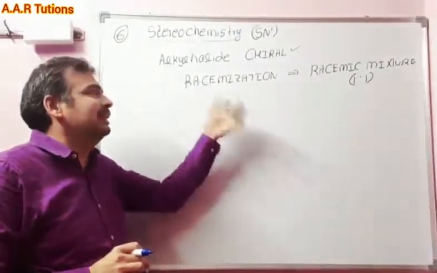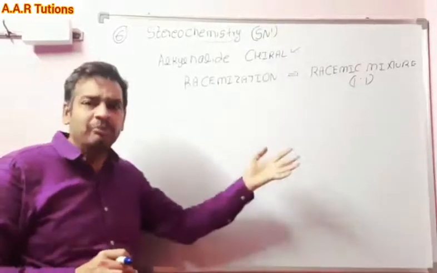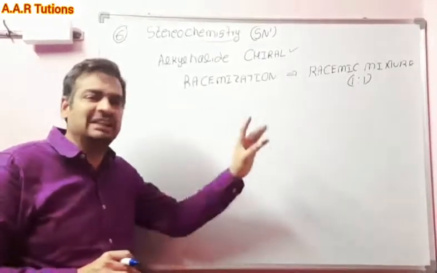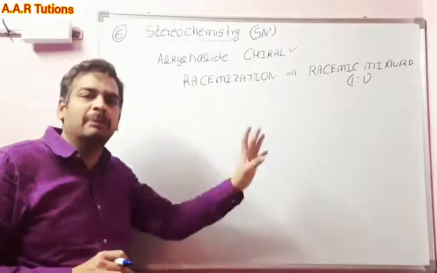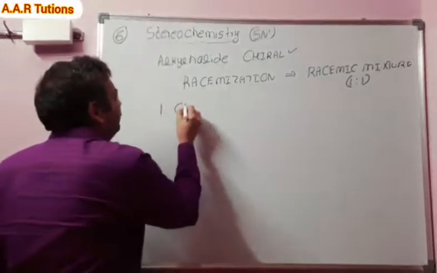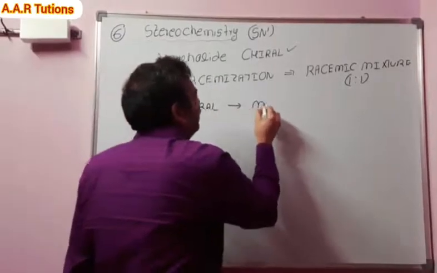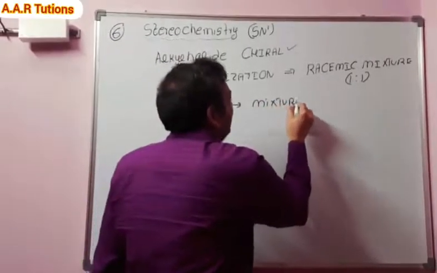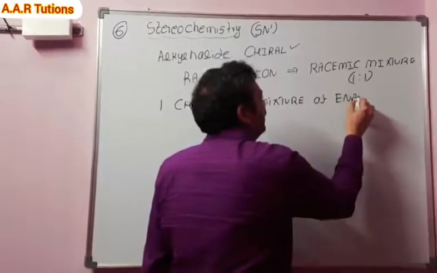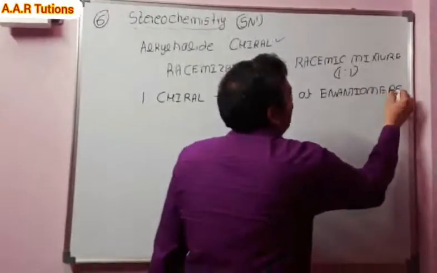So the process is racemization. Racemization means conversion of one single isomer into a mixture of isomers. The S isomer will give S plus R. The R isomer will give R plus S. That is racemization. If you take one chiral carbon, we will get a mixture of enantiomers. Very, very important topic. If you take one chiral center, a mixture of enantiomers will form in the SN1 reaction.